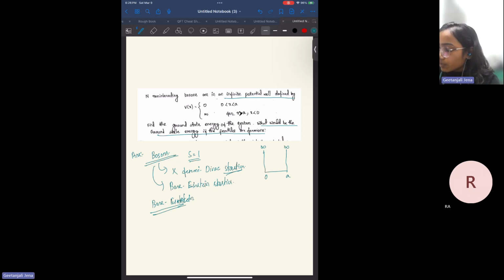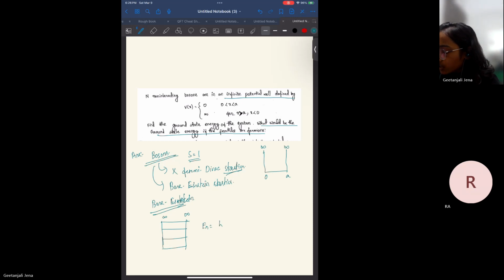Okay, so let's say now we have a 1D potential well. In a 1D potential well, you have different energy levels which have energy En equal to h-bar squared pi squared n squared by 2m a squared. Here n is 1, 2, 3.